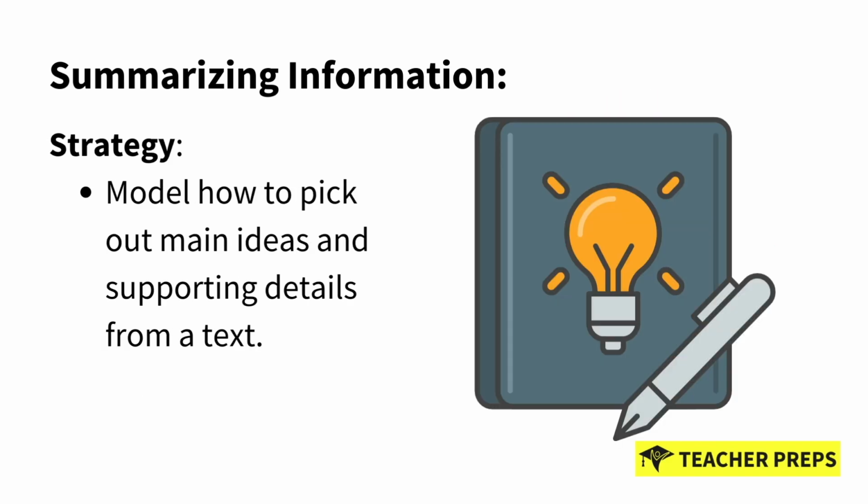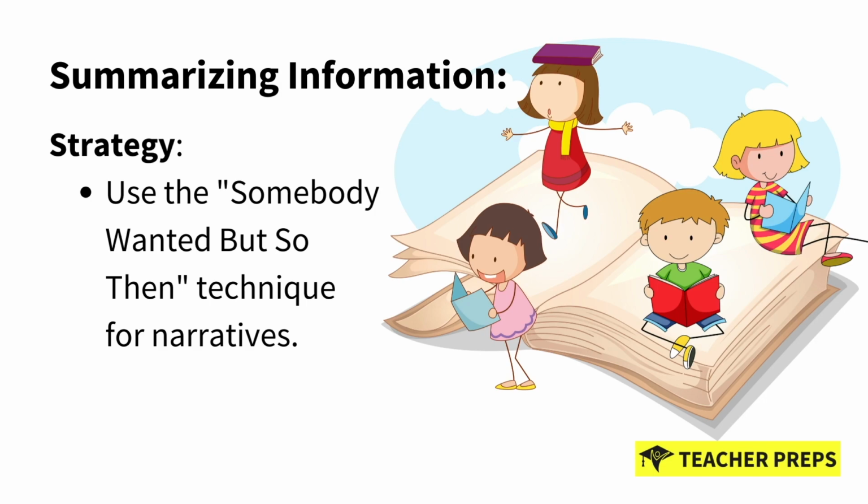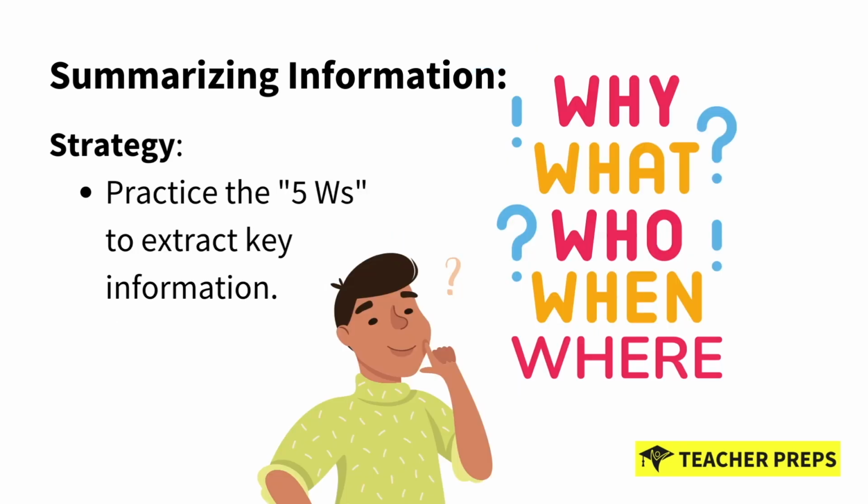First, model how to pick out main ideas and supporting details from a text. Next, we can use the somebody wanted but so then technique for narratives. And finally, we can practice the 5 W's: why, what, who, when, and where, in order to help our students extract the key information from their text.